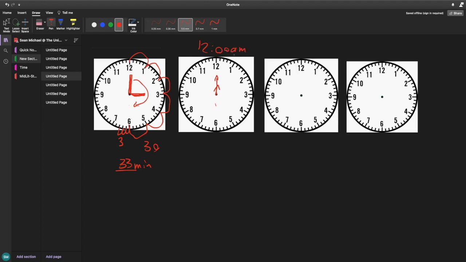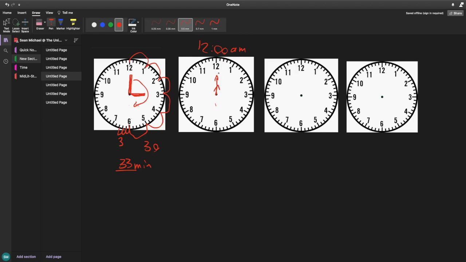Which is like in the morning, right? So 12 a.m. is in the morning, or some people say it's during the morning.